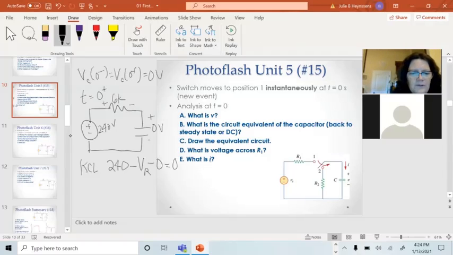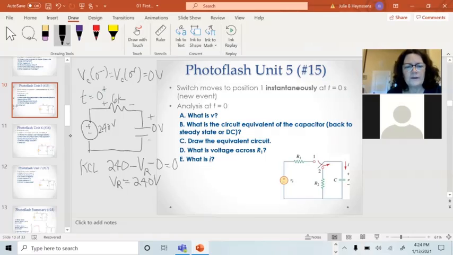So I get VR is 240 volts. All the voltage is being dropped across the resistor. So the initial current would have been 240 volts divided by 6K, which is 40 milliamps. Doesn't really matter. Okay.